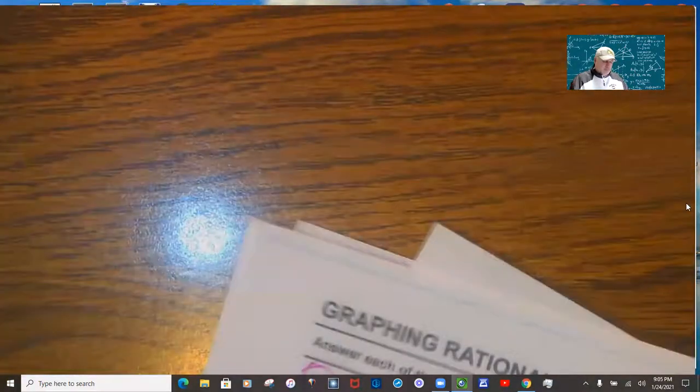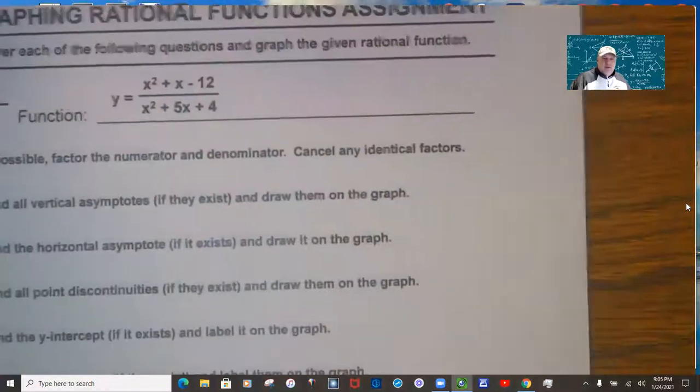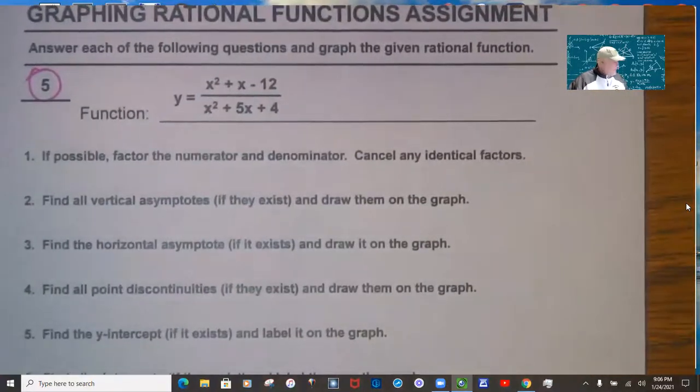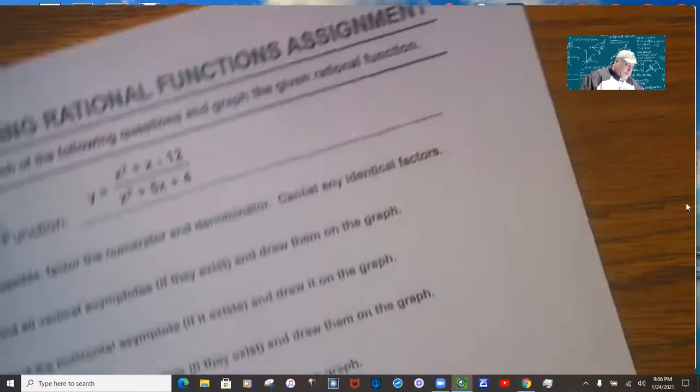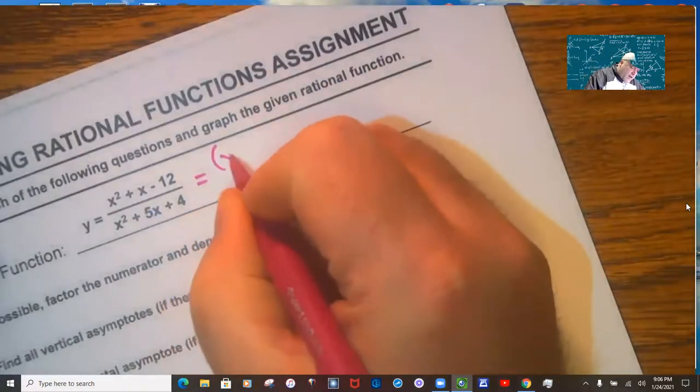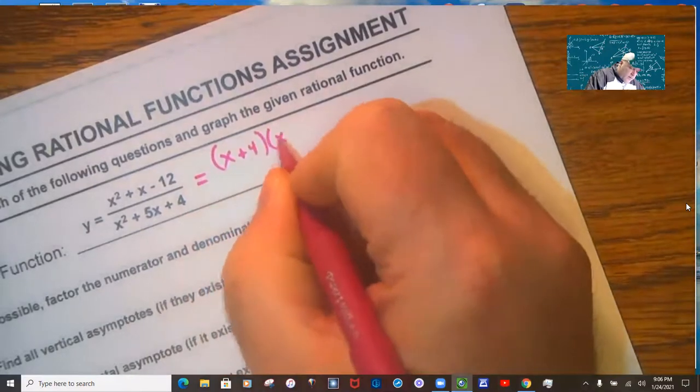Okay, and that takes us to number 5. So the difference here is you have to factor both the top and the bottom, and then apply all the same sets of rules by reading through that list very carefully. So this will factor as x + 4 times x - 3.